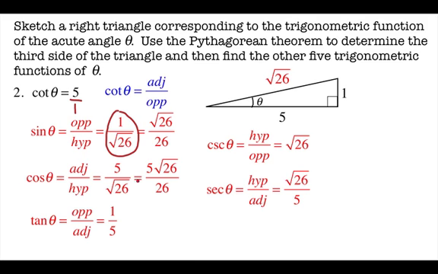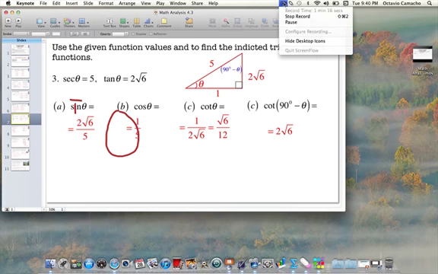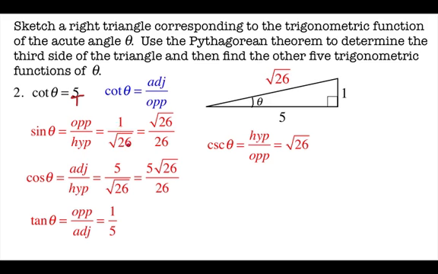Same thing for the secant, and you knew the cotangent. And then secant. Again, don't take the reciprocal of this one, take the reciprocal of this one. Moving on to number 3.